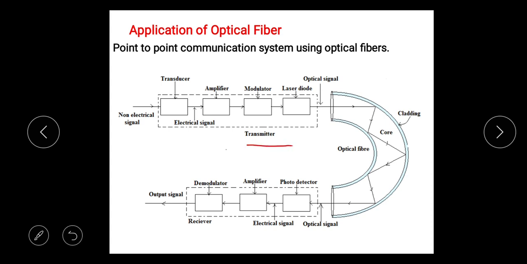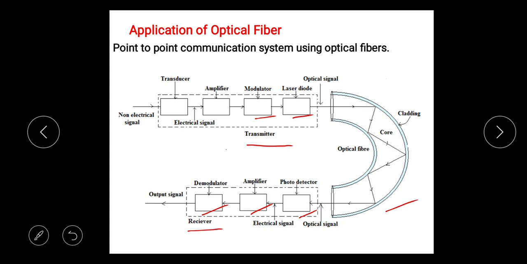Transmitter section contains a transducer, amplifier, modulator, and laser diode, and receiver section consists of photodetector, amplifier, and demodulator. And this is the optical fiber. It has core and cladding.